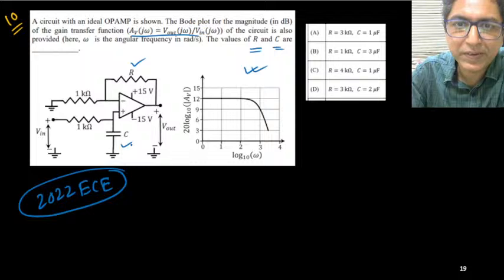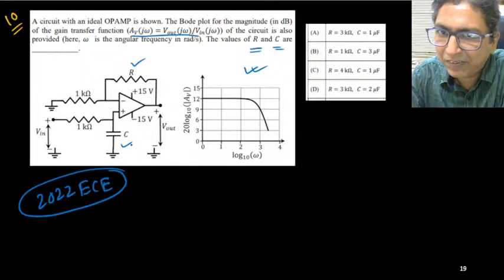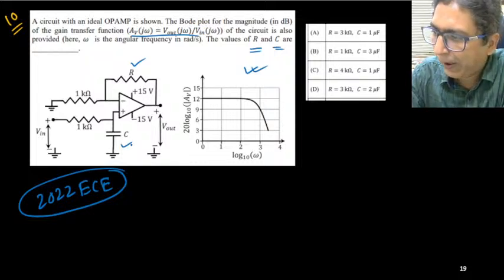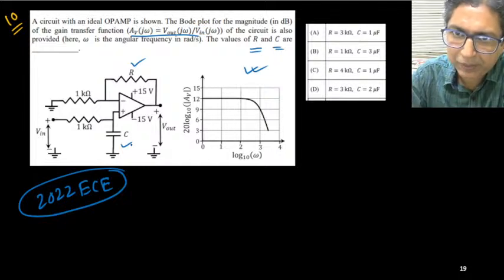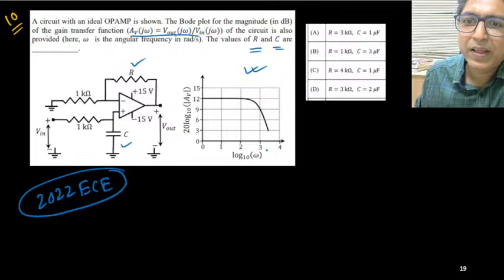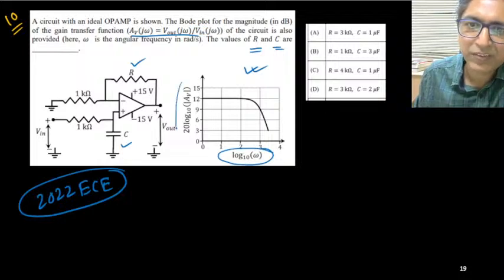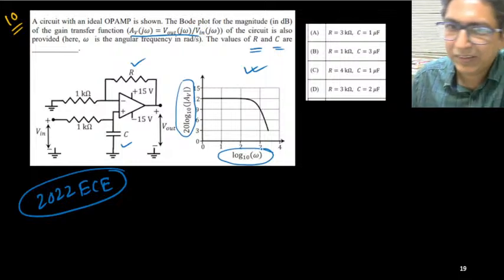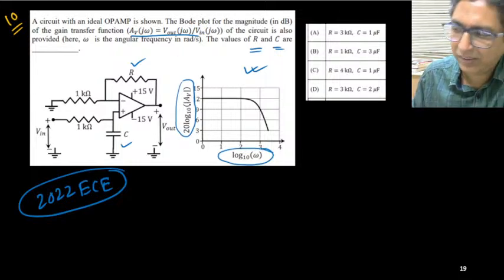Okay, this is a little bit difficult. How can you solve it? And be careful about the axis. The plot given, this side is in log scale, log base 10. This side also is log scale. This y-axis is the 20 log dB scale.